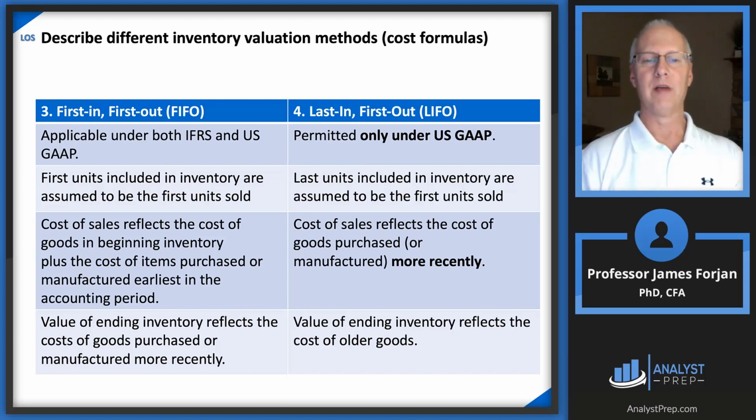And then the value of ending inventory is going to be just the opposite. So with FIFO, the ending inventory reflects the cost of goods purchased more recently, whereas under LIFO, the ending inventory is the cost of older goods. And you should be thinking along the following lines that, boy, if there are substantial differences in prices from the beginning of the period to the end of the period, then these two methods might in fact arrive at very different inventory valuations.